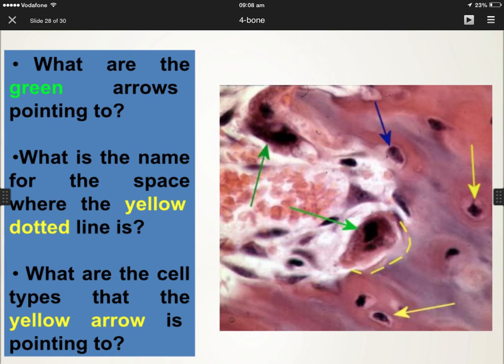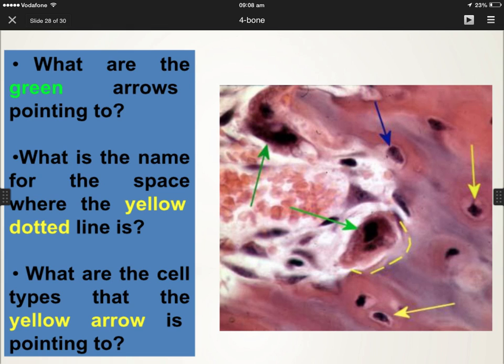Another picture here. What are the green arrows pointing to? The green arrows evidently are pointing to these large cells, acidophilic, multinucleated, on the surface of the bone, very near to the bone marrow cavity, and these are called the osteoclasts.